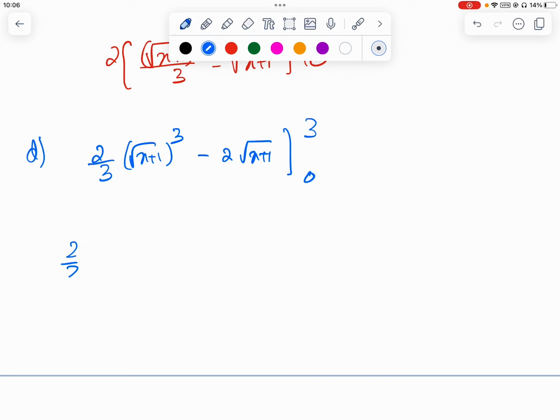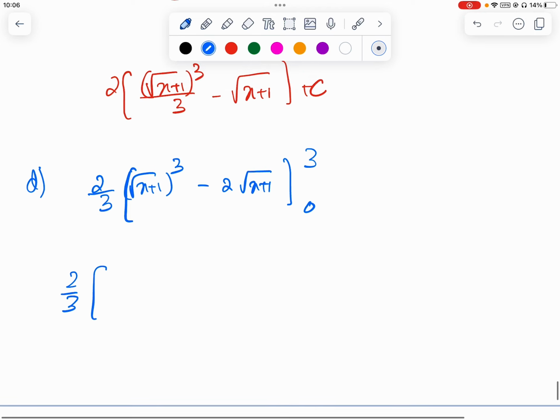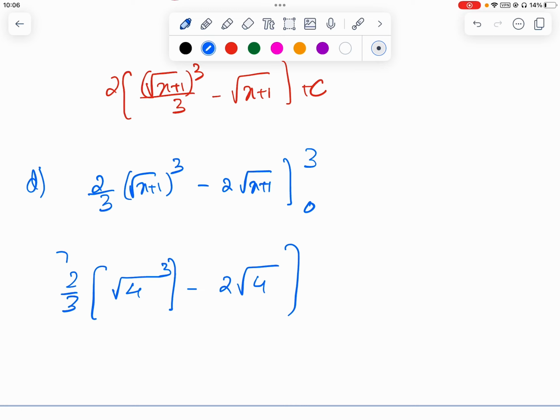So 2 upon 3 square root of 3 plus 1, 4 cube, minus 2 square root of 3 plus 1, which is 4, minus 2 upon 3 times 0 plus 1, which is 1 cube, minus 2 square root of 0 plus 1, which is 1.